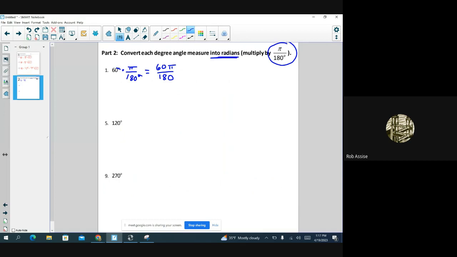Now the only thing that we need to do here is get the 60 and the 180 to reduce. And that's where I'm going to utilize decimals. So I'll show you how to do that. It's pretty straightforward. We've done it before, but we're going to leave the pi within our answer, and then we have to figure out what 60 over 180 reduces to.